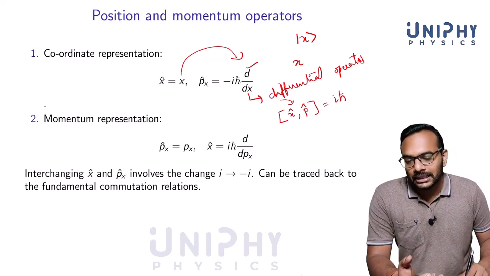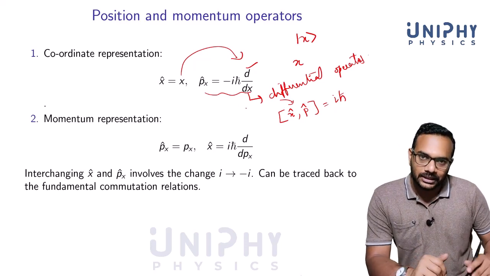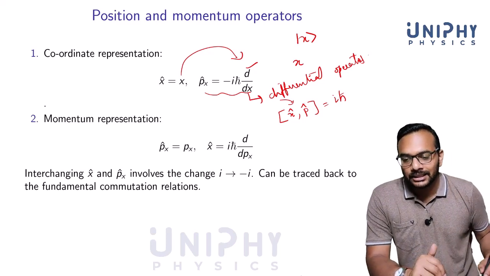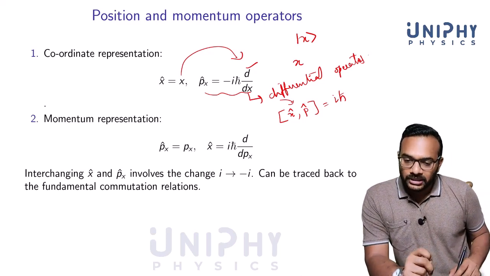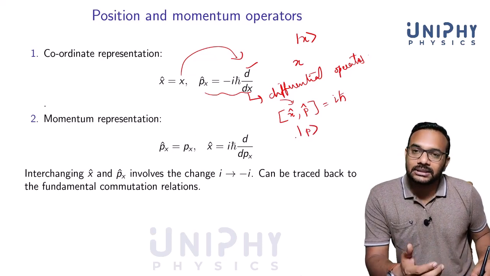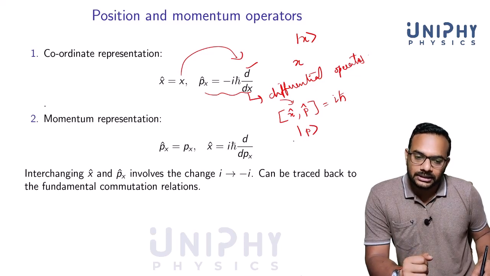Or you could start directly with this momentum operator and actually check that the commutation relation is satisfied. In the momentum representation, again, you have a momentum eigenstate. You ask the question, what's the momentum corresponding to this? It's p.